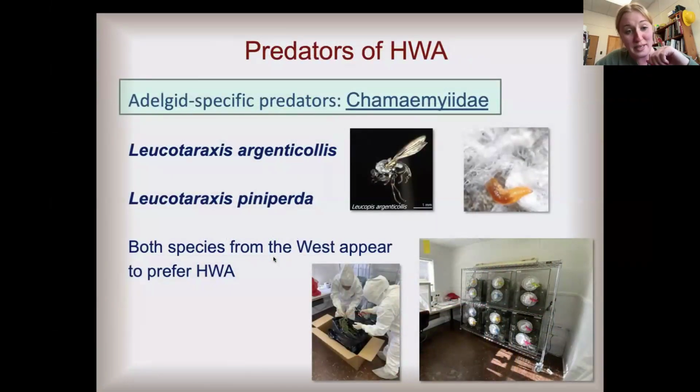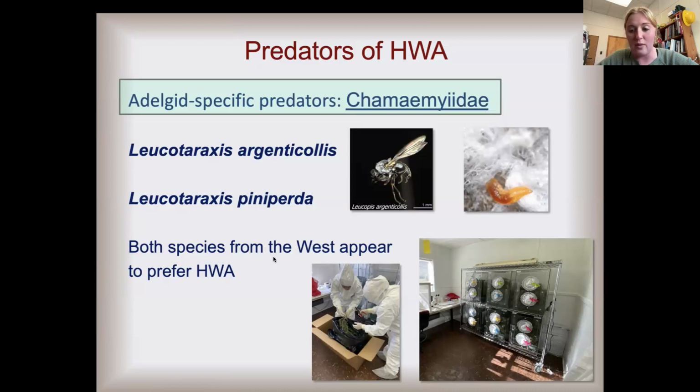So speaking of picky, let's talk about the next predator that I'm working on in my research. This is the new predator, the silver flies, two species in the family Chamaemyiidae. They're tiny flies that are also native to Western North America, found associated with high densities of Hemlock woolly adelgid out west. We're not able to rear these guys yet.